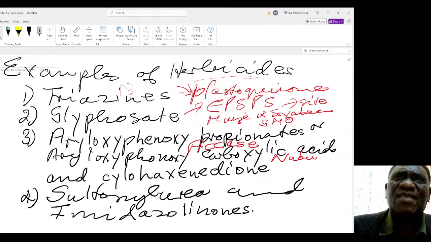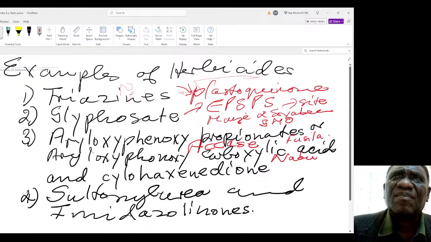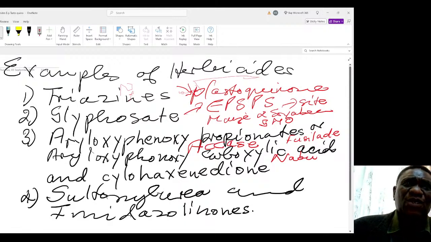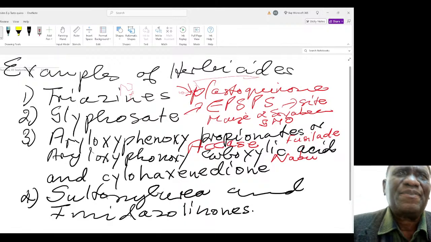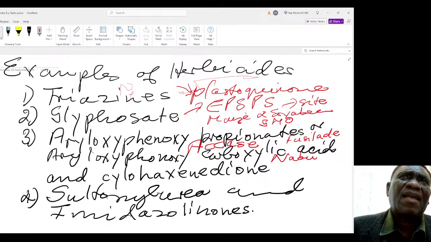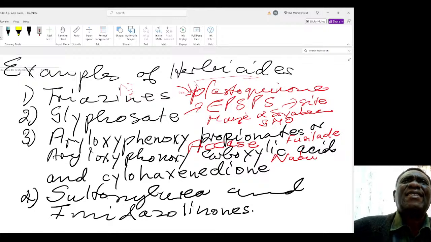Then we have got the common one, fusilate, which is an allyloxyphenoxypropionate. So these, they are very selective herbicides. These are some of them.